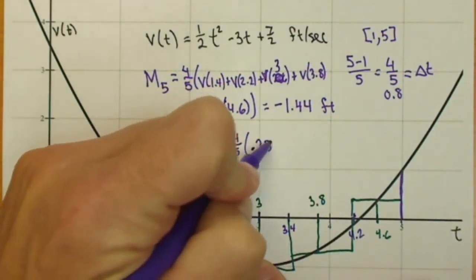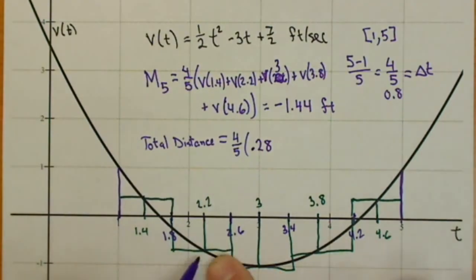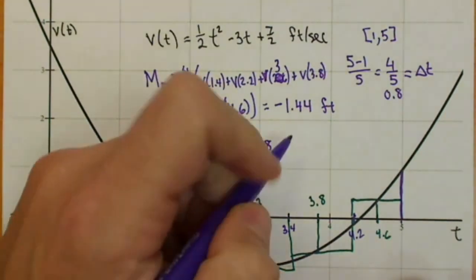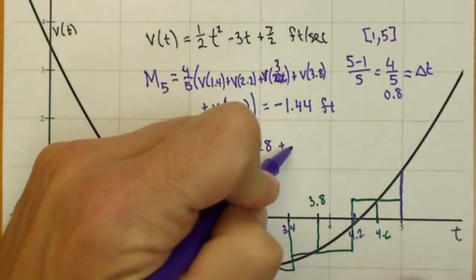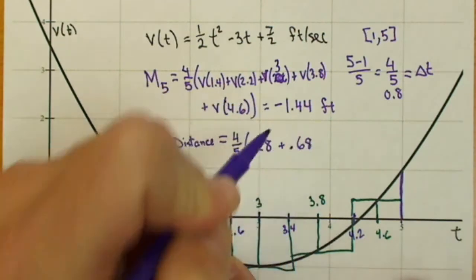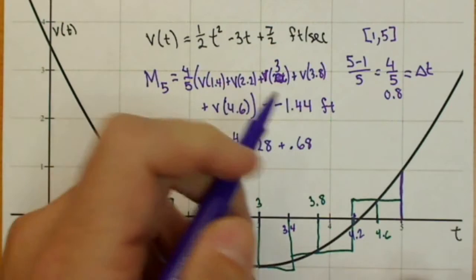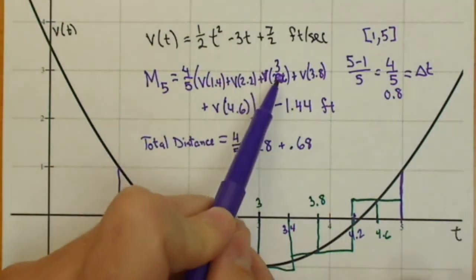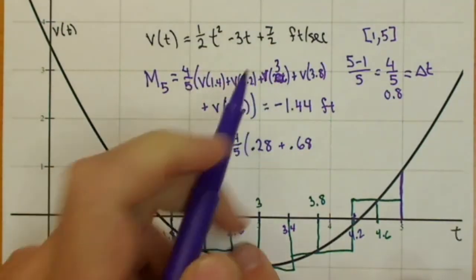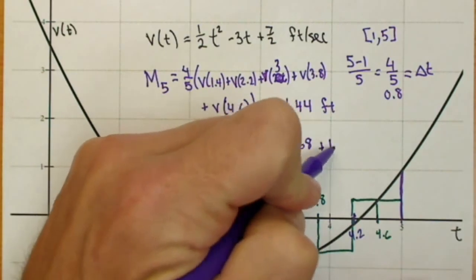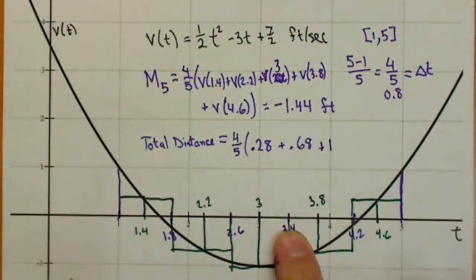So 0.28. V of 2.2 is negative 0.68, but we need that to be positive, so I'm going to add the 0.68. So I'm making the three that would normally give us negatives positive. V of 3, if you put 3 into our function, you get negative 1, but we want it to be positive, so I'm going to add 1.